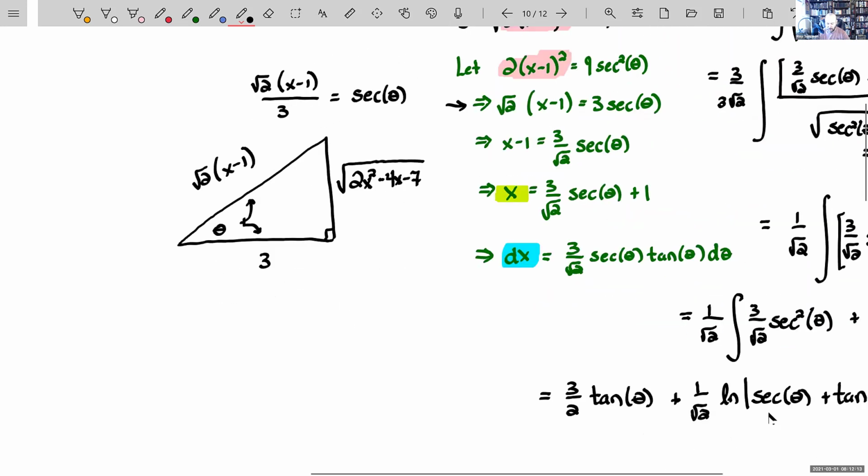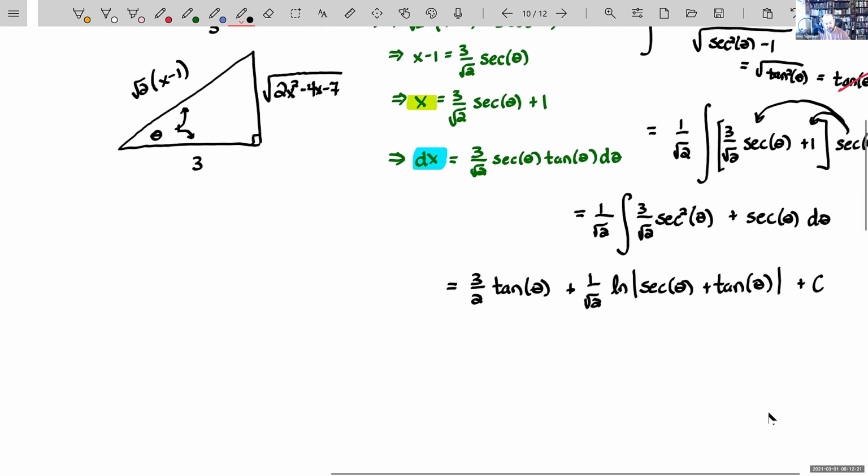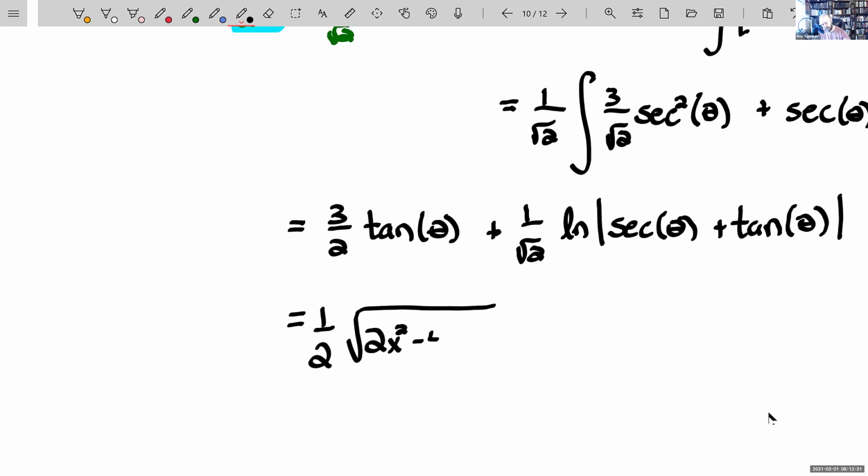So I'll leave it to you. But let's go ahead and just plug in all the information. So we have 3 halves times the tangent. Tangent is going to be that square root of 2x squared minus 4x minus 7 over 3. So it's going to be 1 half square root of 2x squared minus 4x minus 7 plus 1 over root 2 times the natural log absolute value of the secant.